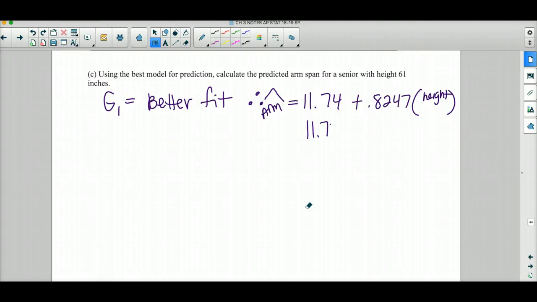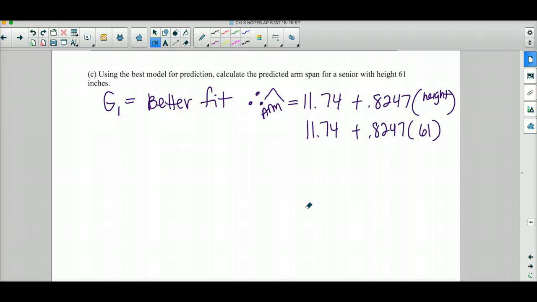So 11.74 plus 0.8247 times 61. And I got the answer of 62. Yep.